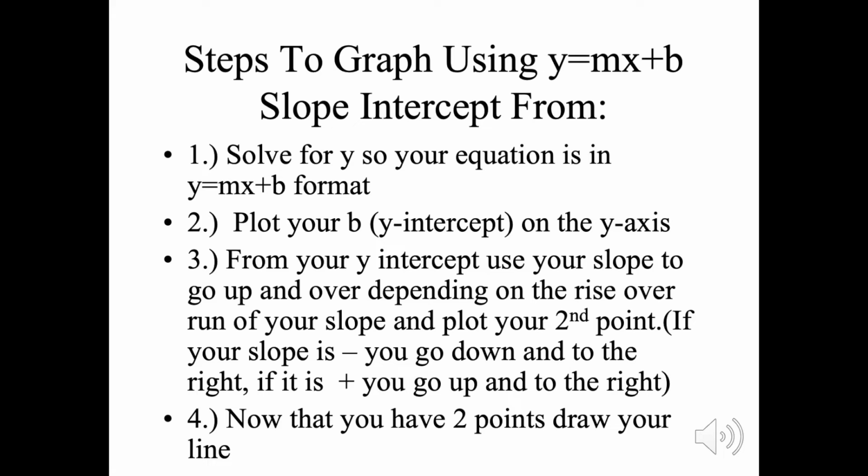Then we have to put our b, which is our y-intercept, on the y-axis. For example, if our b was 5, then we will put it on 5. Then from your y-intercept, you have to use your slope, which is your rise over run, to find your second point. I will explain this in more detail later. And then now you have 2 points that you can draw your straight line through.